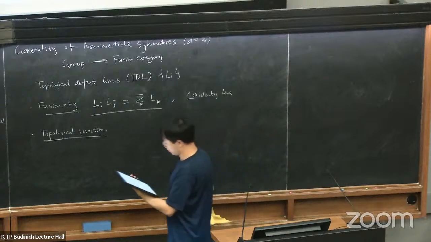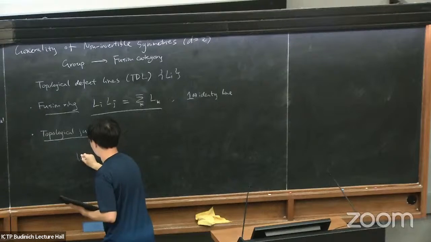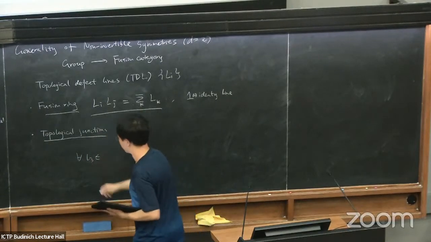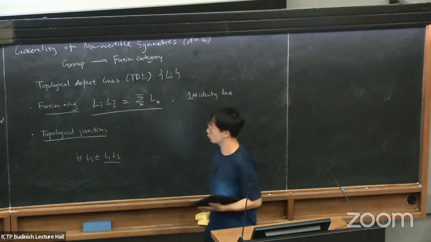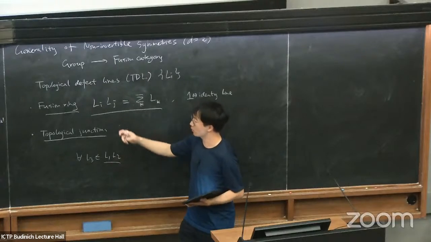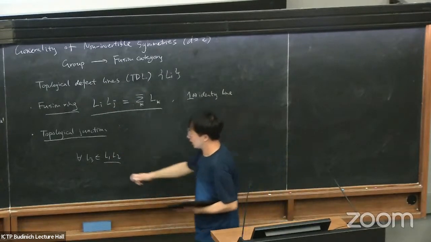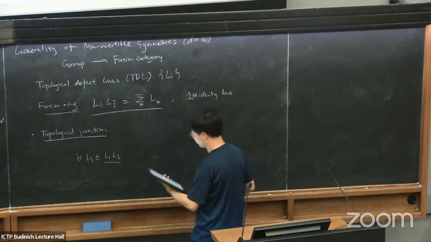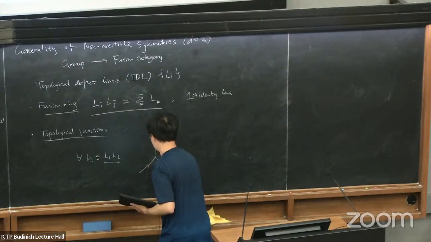These topological junctions are defined as follows. For any line, I call it L3, that appears in the fusion product between L1 and L2, so whenever I write the product of lines, it's interpreted as a fusion product, you have a topological junction of this type.